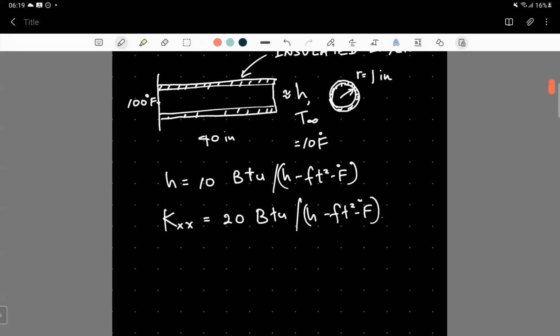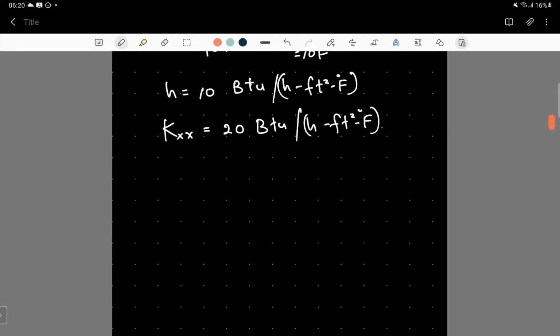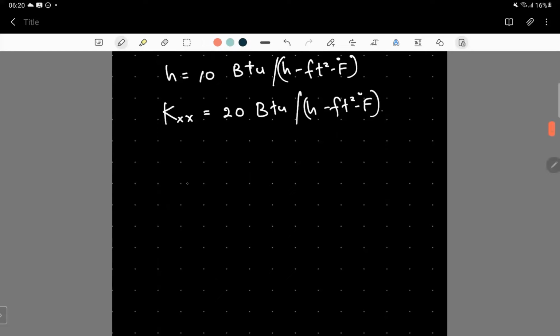We need to first develop a finite element discretized model. So this 40-inch rod, which we are interested in now, let's further exaggerate this view and divide it into 4 equal parts, similar to what we did in structural problems.